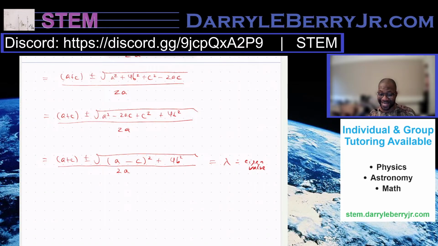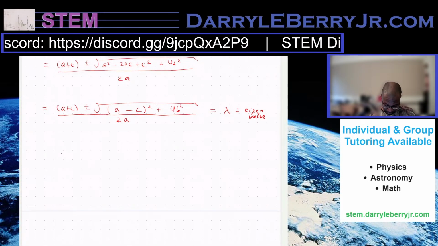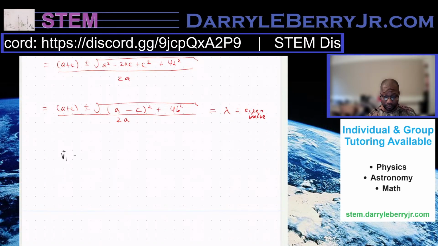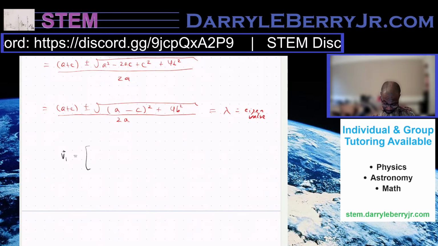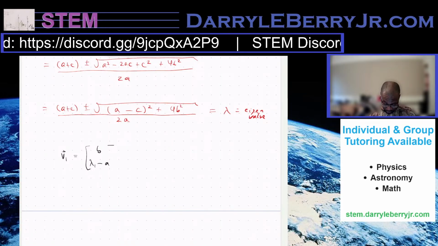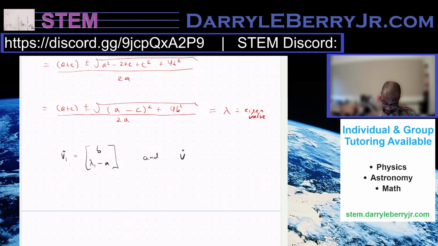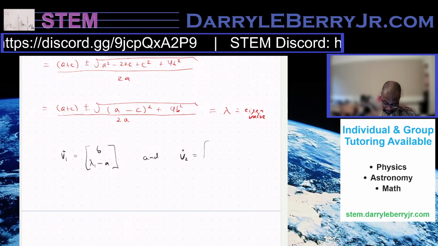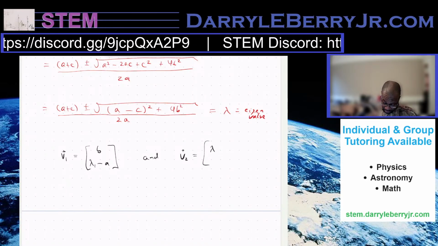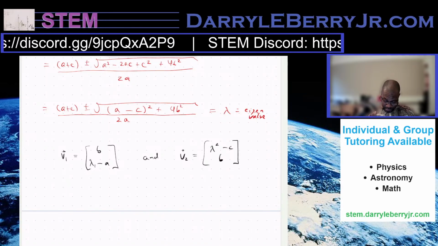However, the corresponding eigenvectors are v1 equals (b, lambda 1 minus a) and v2 equals (lambda 2 minus c, b).